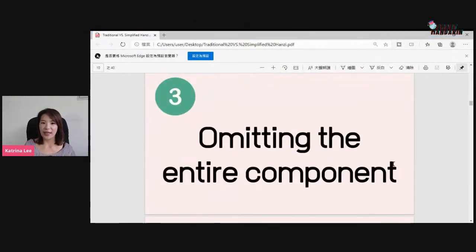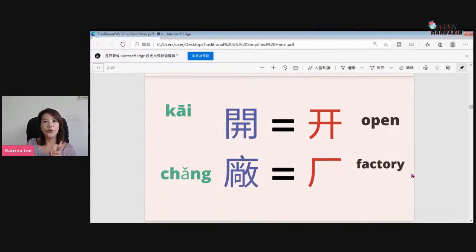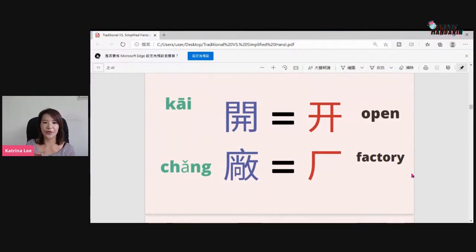Number 3 is they omit the entire component. For example, let's take a look at two characters. The first character is kai, which we mentioned in our previous live stream. Kai is to open, okay? And they only keep the inside component in the simplified one, on the right side.